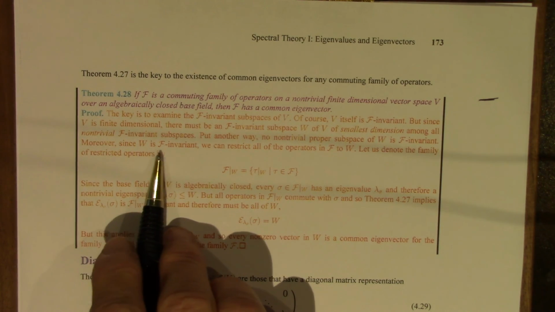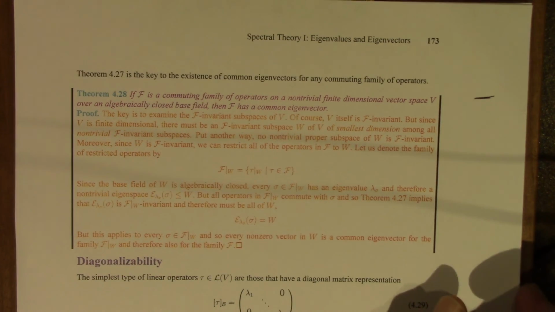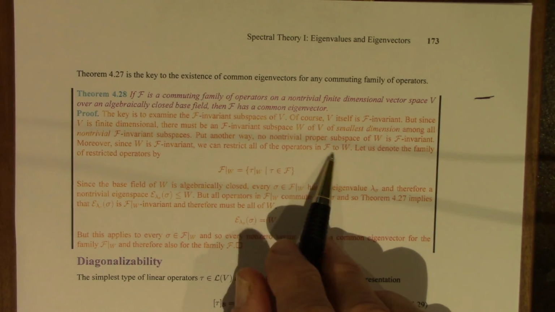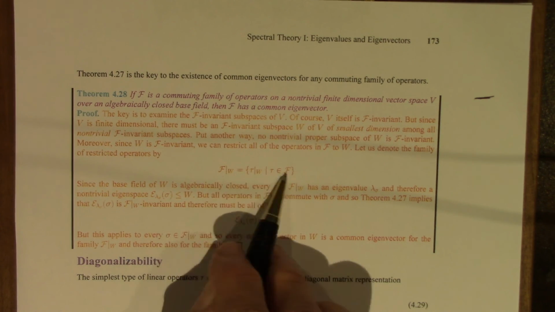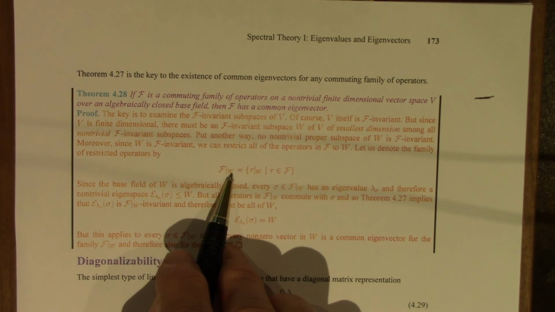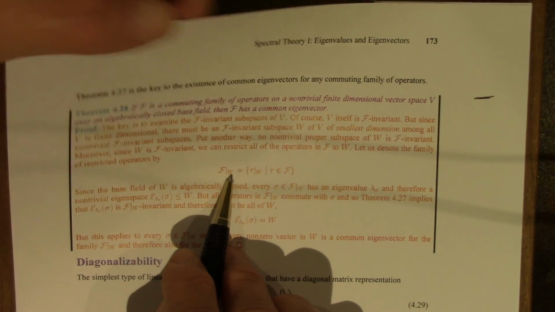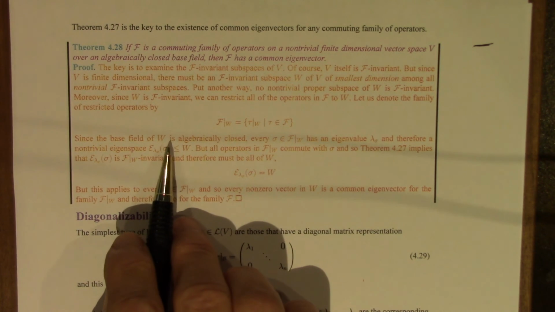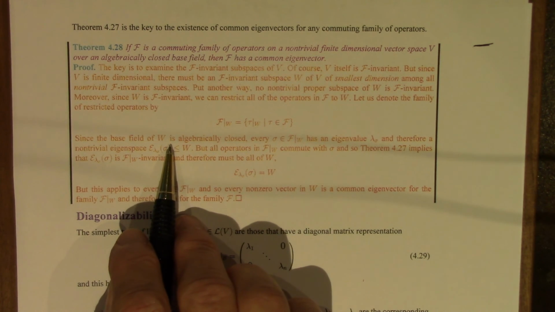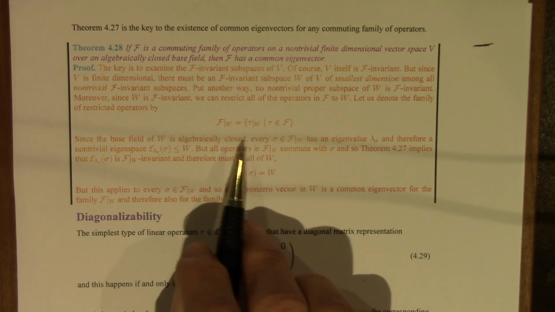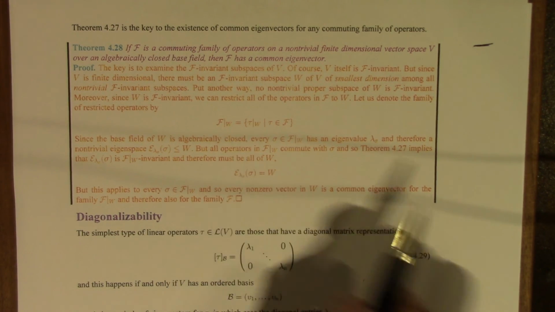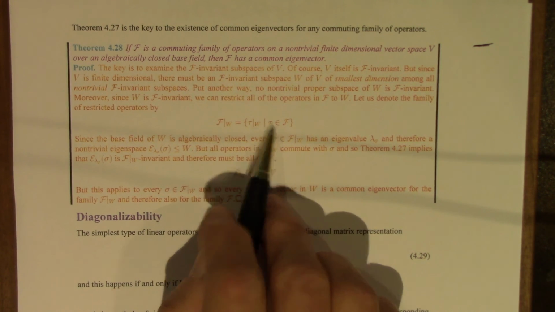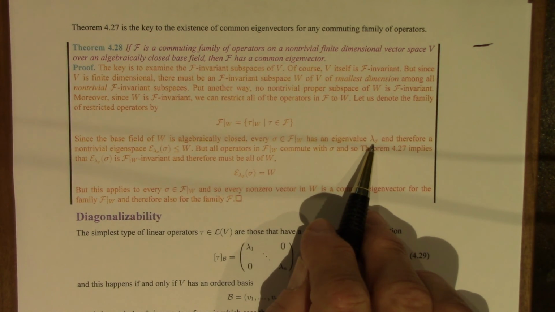Since W is F invariant, we can restrict all of the operators in the family F to W. And I'll denote that this way, family F sub W, or restricted to W. Now, the base field of W, which is the same as the base field of V, is algebraically closed by assumption. So every restricted operator has an eigenvalue.